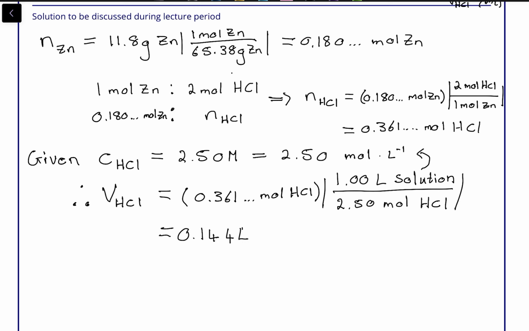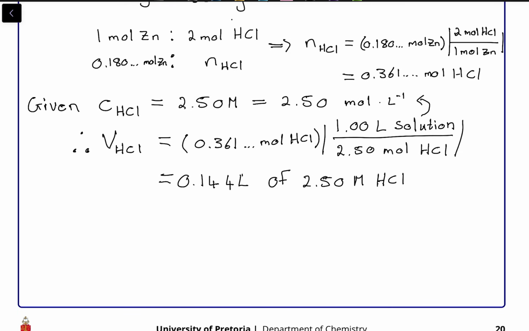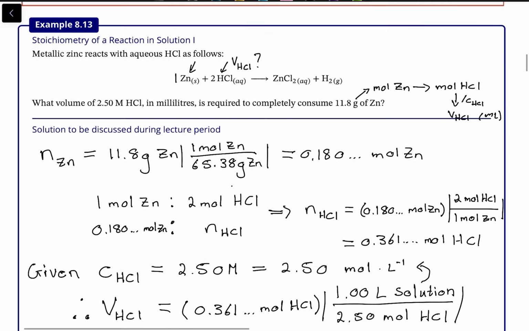And that then gives us the value of 0.144 liter of 2.50 molar HCl. Oops, that's not a capital letter, it's just a small letter. Right, and that's liter. But they asked for it in milliliter.